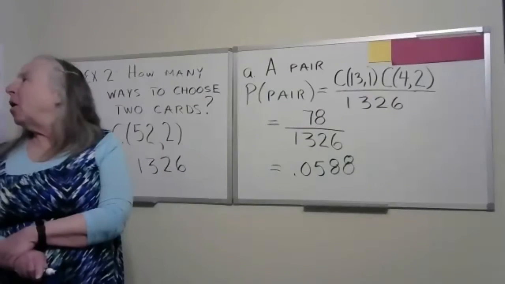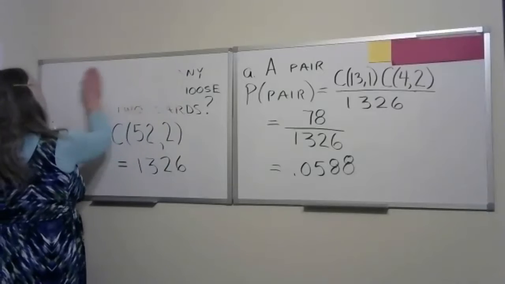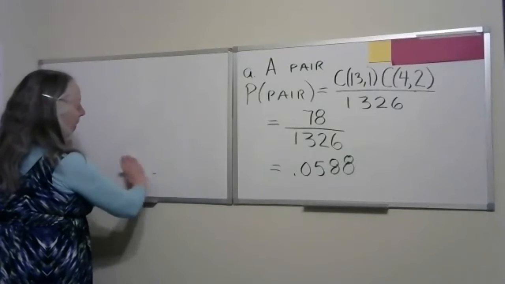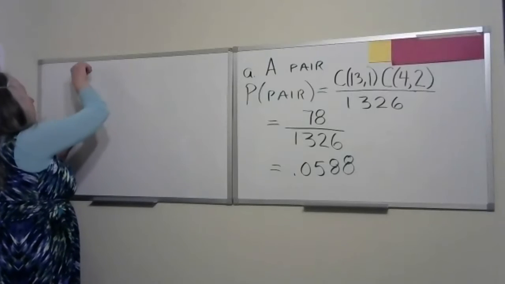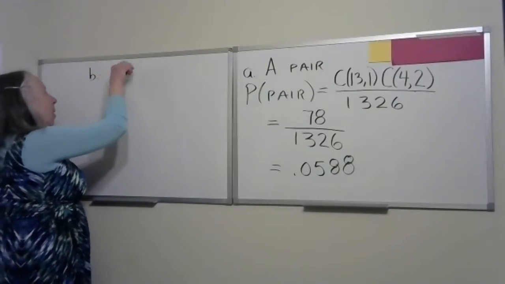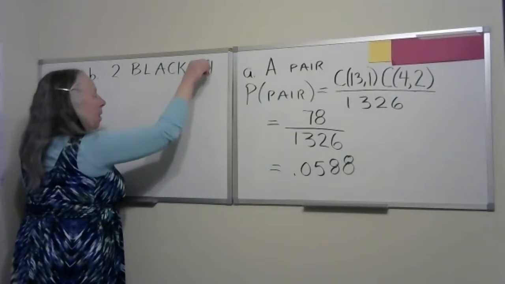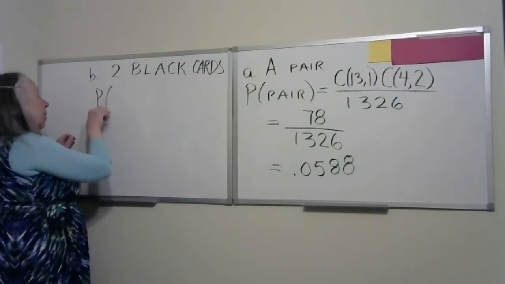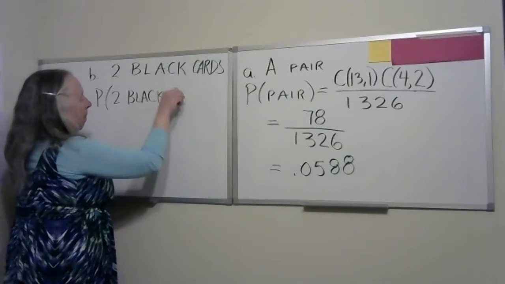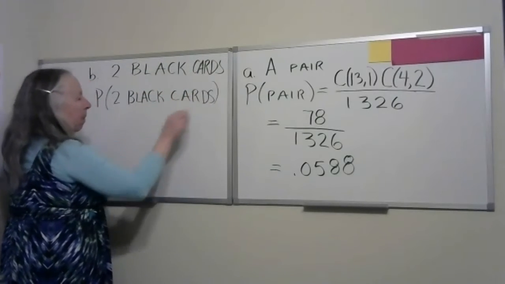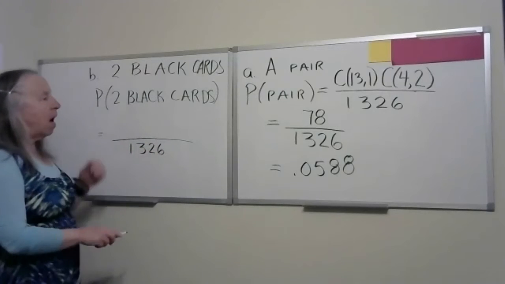Okay, 2 black cards are drawn. So we know that we have the 1,326 in the denominator.